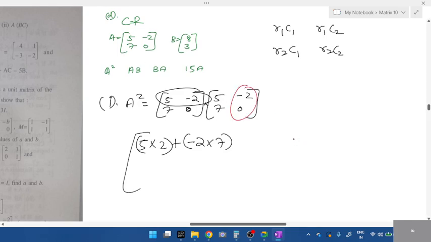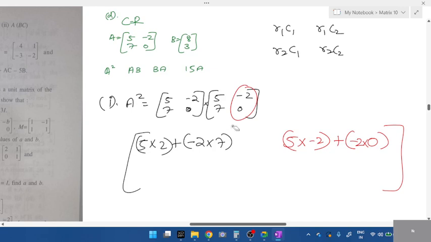Take the first element, 5 into, then plus. Second element is minus 2 into 0. It's minus 2 into 0.